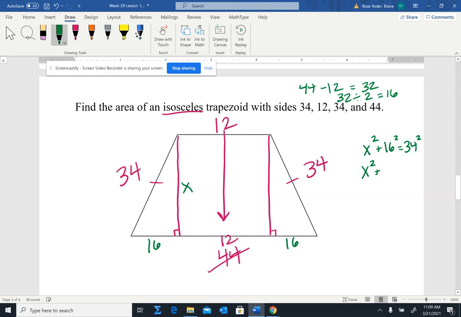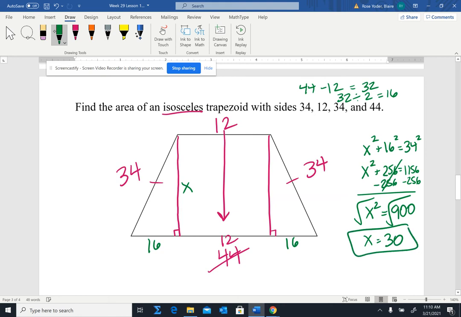So x squared plus 16 squared is 256. 34 squared is 1156. Oh, I can tell that this one's going to work out nicely because I happen to know that 1156 minus 256 is 900, and 900 is a perfect square, like how 9 is a perfect square. So square root of 9 is 3, square root of 900 is 30. So we have a height of 30.